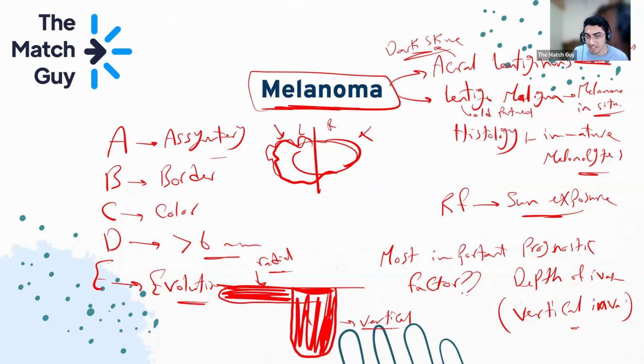Obviously the vertical invasion is much worse than the radial invasion because vertical can increase the risk for metastasis. So can someone tell me which organs melanoma metastasizes to? Amazing, brain and lung. Okay, this is very important.